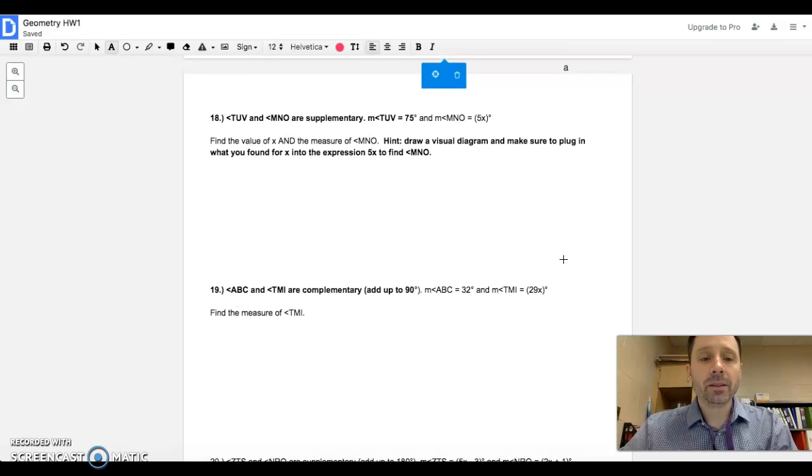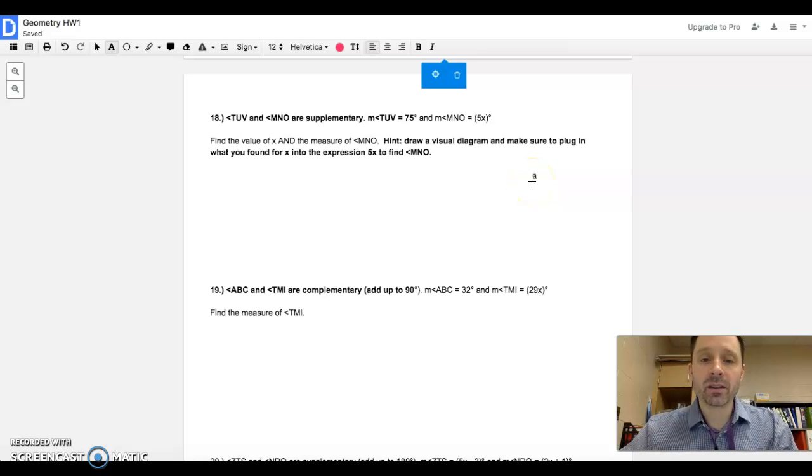Angle TUV and angle MNO are supplementary. If the measure, that's what this little m stands for, the measure of angle, that's what that symbol is, TUV equals 75 degrees, and the measure of angle MNO is 5x degrees. So it does not give us MNO as a degree.